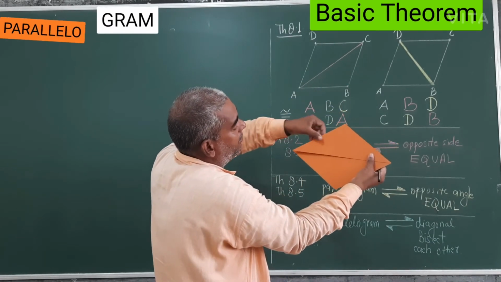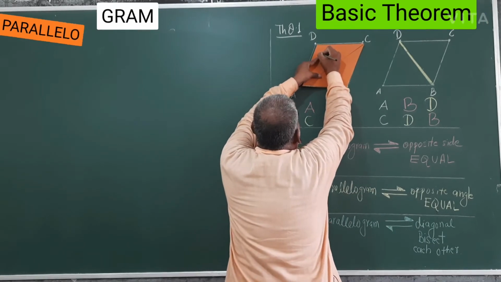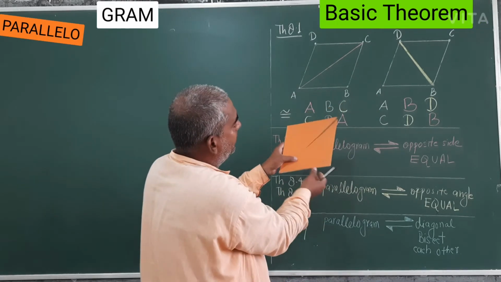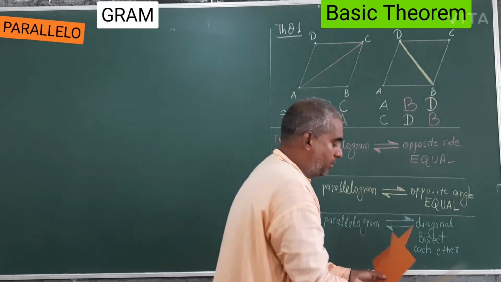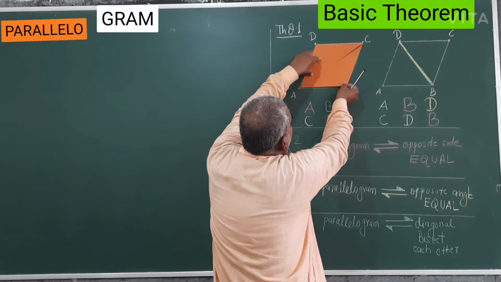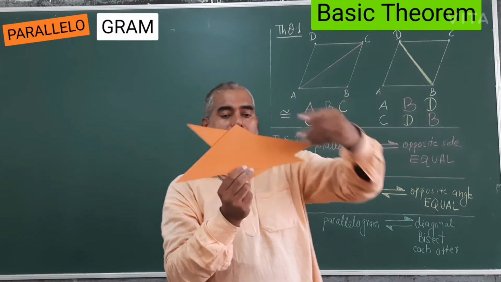Because the corners are named, and D and B are equal. This is D and this is B. Let me show you. This was the figure.